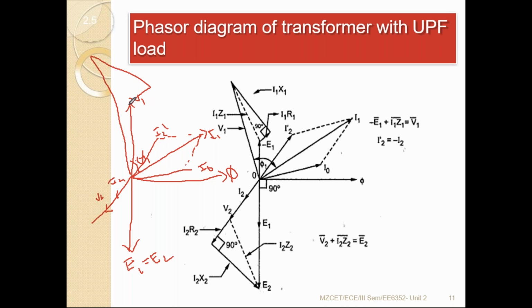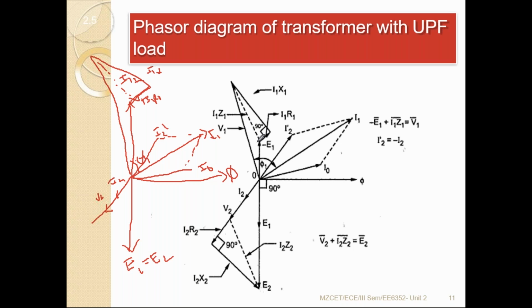This is the reference line I1 R1, this is the reference I1 X1, and this is the hypotenuse, which is a combination of the opposite side and adjacent side, I1 Z1.